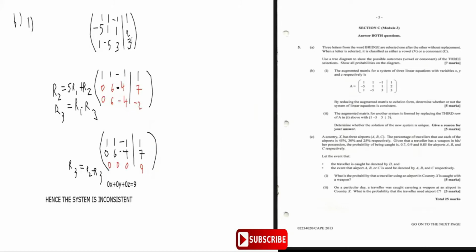Now, the next part of the question says, we replace the third row with 1, minus 5, 5, 3. So if we replace the third row with 1, minus 5, 5, 3, let's slowly do that. So this last row, we're going to replace it with 1.